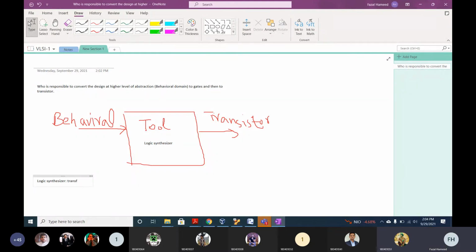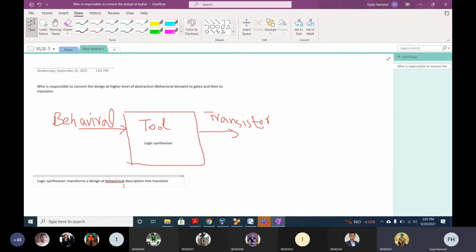Logic synthesizer transforms a design at behavioral description into transistor and gate.